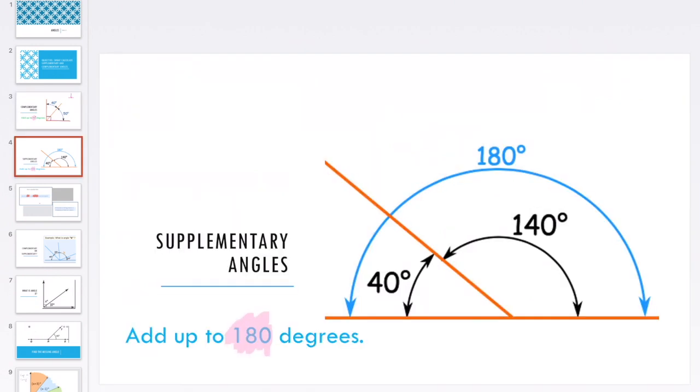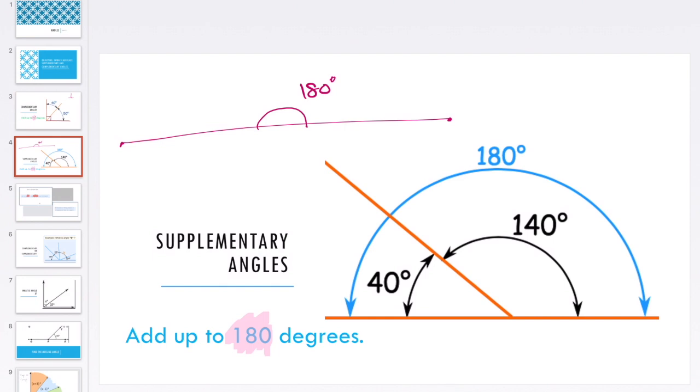Supplementary angles are 180 degrees. So any straight line from one point to another has a 180 degree angle. You don't see it because it's just a straight line, but it's actually 180 degrees, and that's the easy part of it.